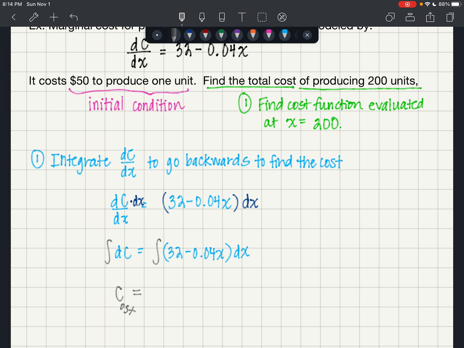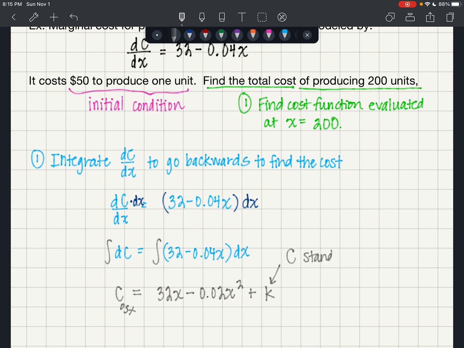So now I've got to integrate the right-hand side, and that's going to be 32x minus 0.04 divided by 2, so 4 cents cut in half is 2 cents, x squared. So 32x minus 0.02x squared, and then I've got a constant, but because C already stands for cost, I'm going to have to use k for my constant.